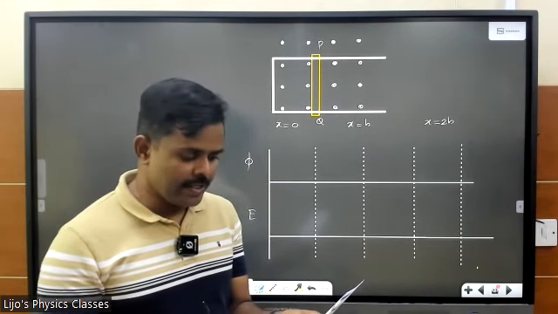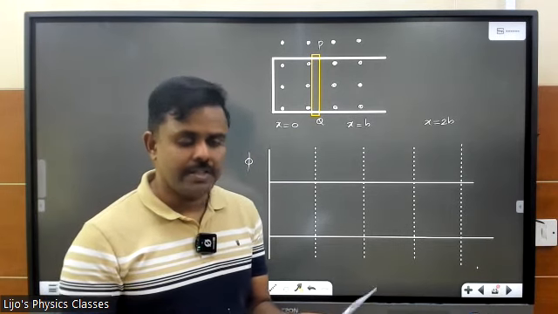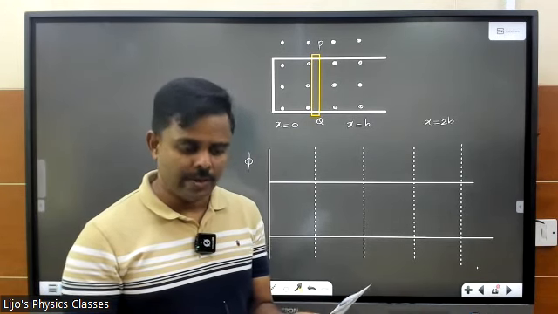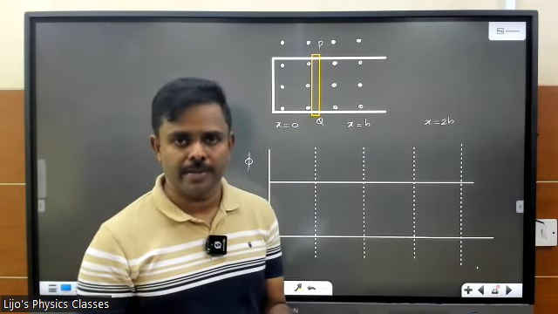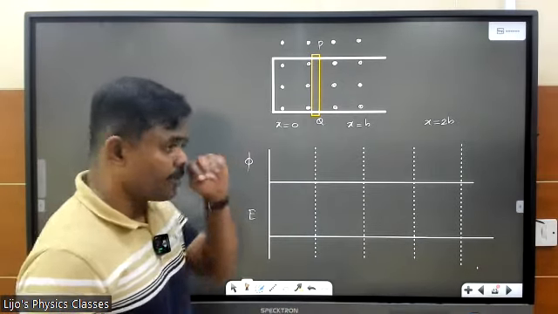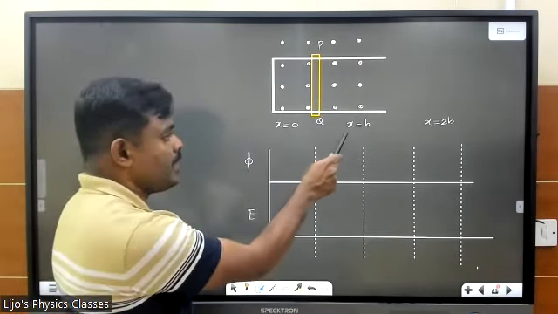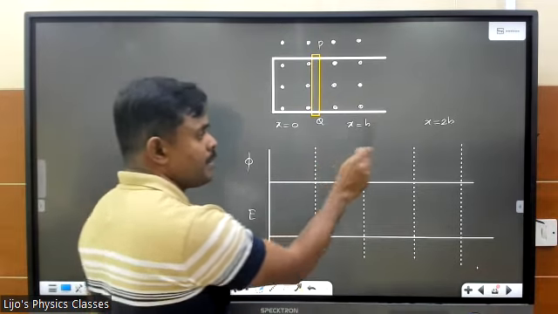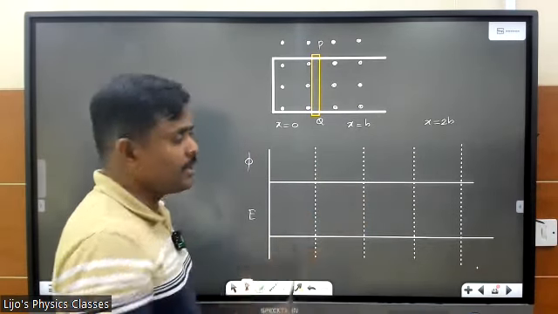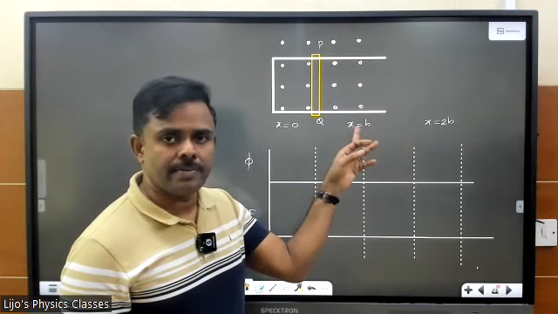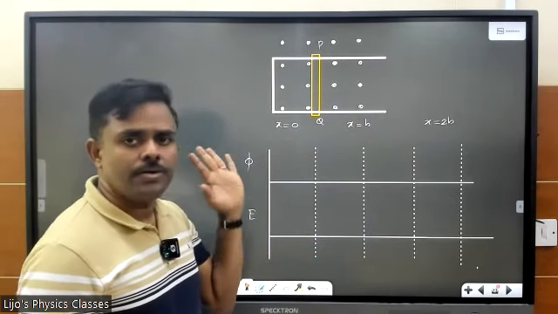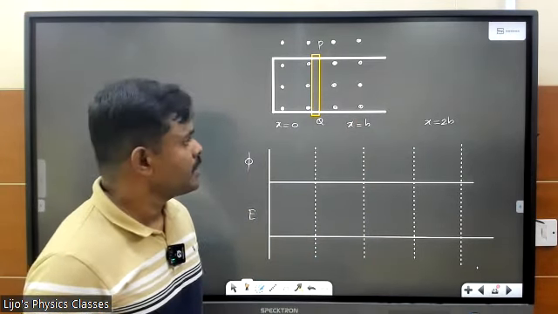Also, sketch the variations of these quantities with the distance 0 less than or equal to x less than or equal to 2b. So basically there are four segments: 0 to b, rightward motion; b to 2b, again rightward; 2b to b, leftward motion; b to 0, again leftward motion.